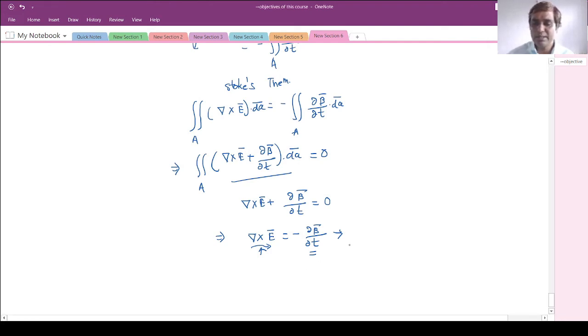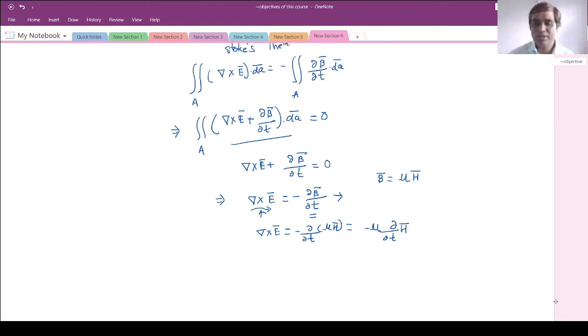I can also write this in terms of magnetic field strength, since magnetic flux density is equal to permeability times magnetic field strength. So the curl of the electric field gives minus mu times the rate of change of the magnetic field strength H bar. This is equation 3.